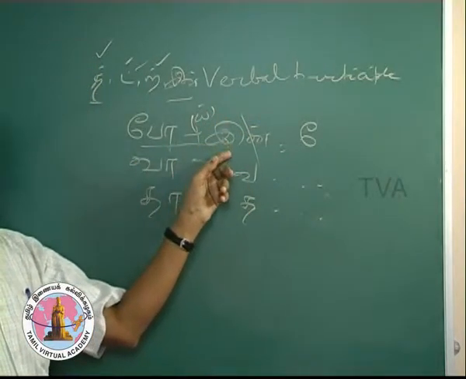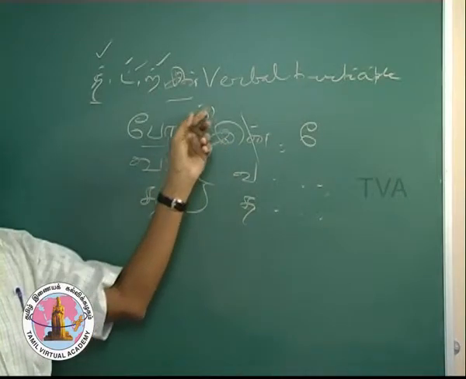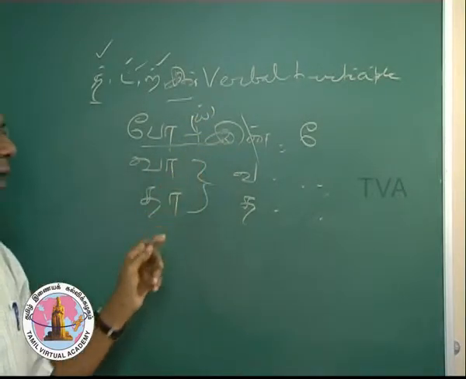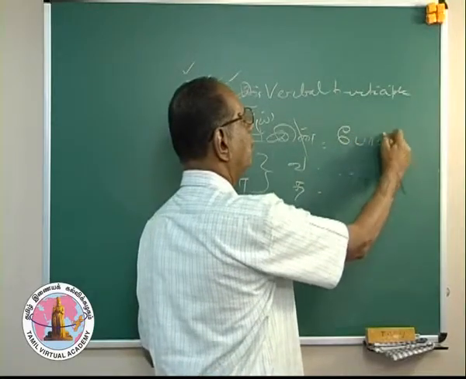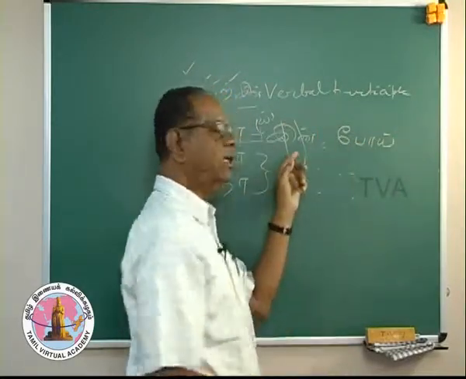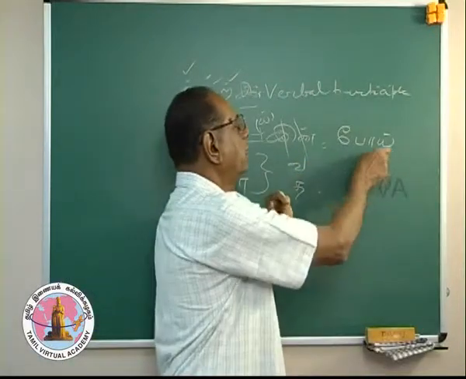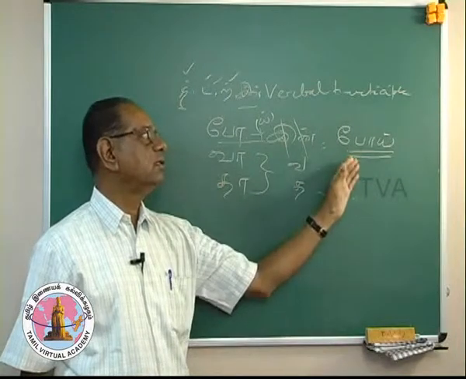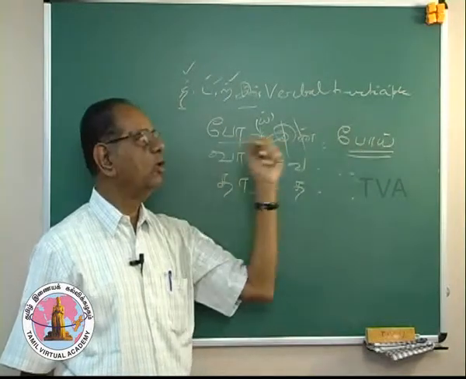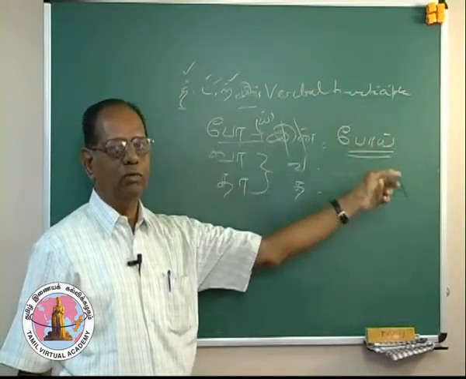I is a vowel, short one. So naturally you have a semi-vowel. Even i is dropped, and this is poi. Poi is the verbal participle form of po. Poi, ba.